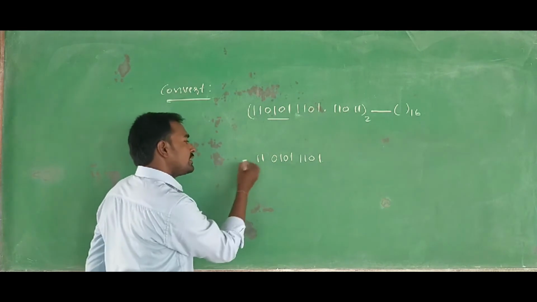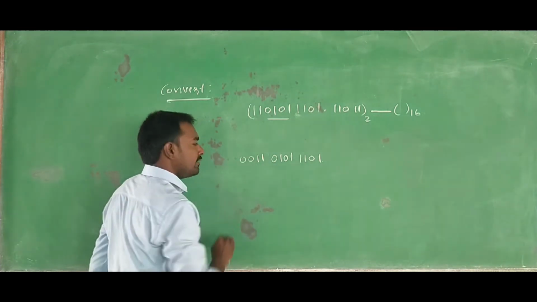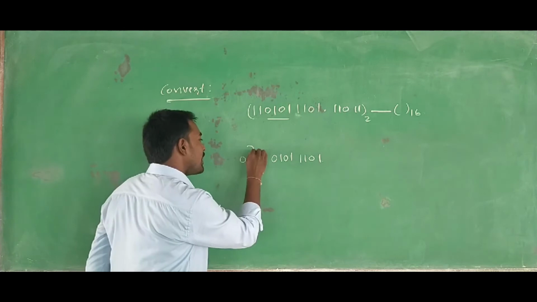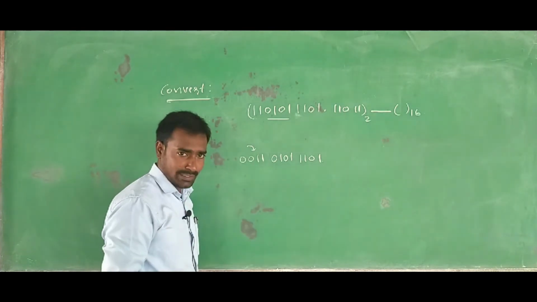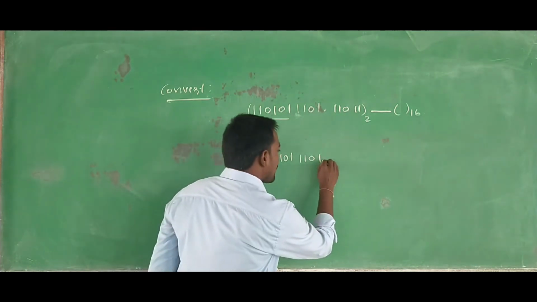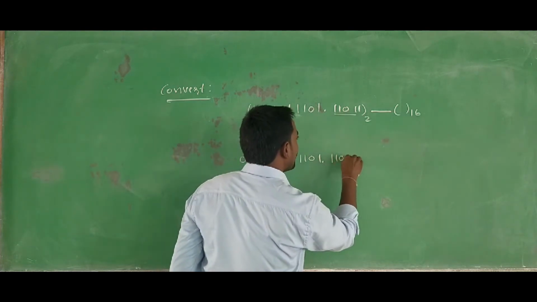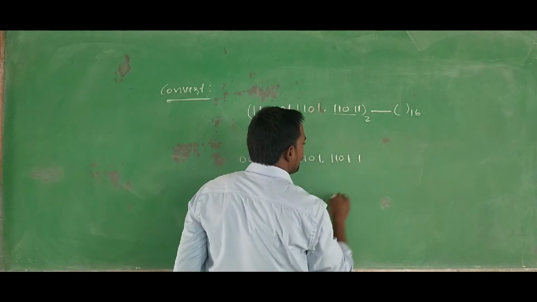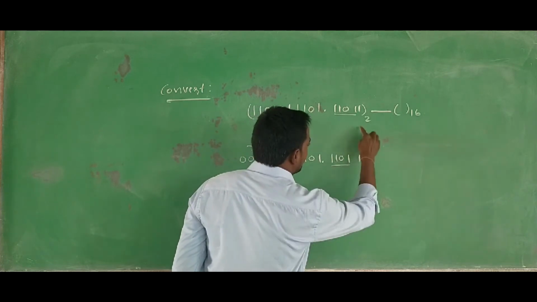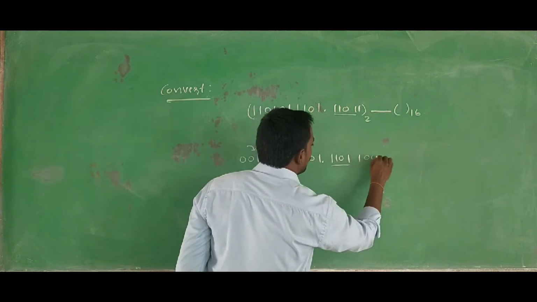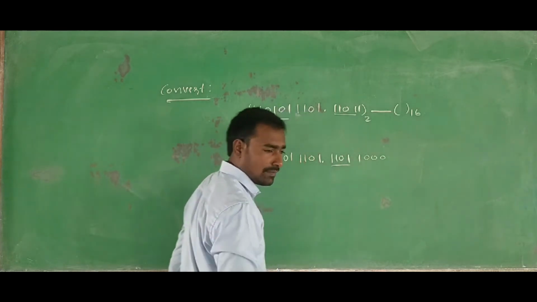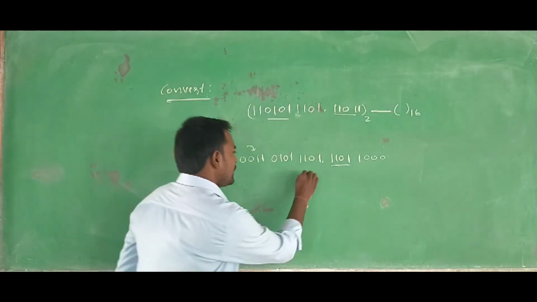In front of this 11, I am inserting 2 zeros, so the value is not changed. After the fraction point, I am taking the 4 digits 1101, and again we have 1. Here also we are taking equivalent 4 digits.